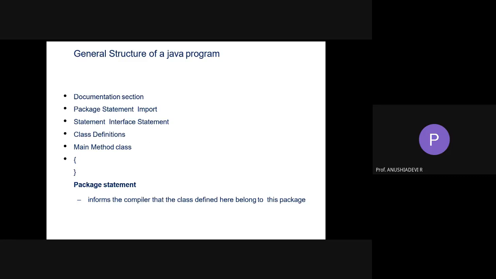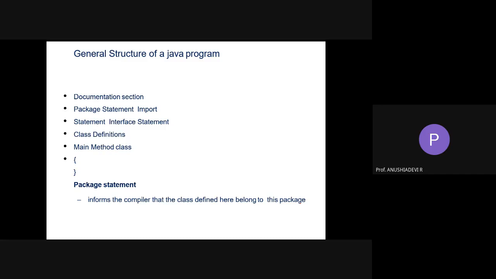So what is the purpose of the package statement? It informs the compiler that the class defined here belongs to this package. For example, if I write a package add subtract, whatever code I write comes under the package add sub.